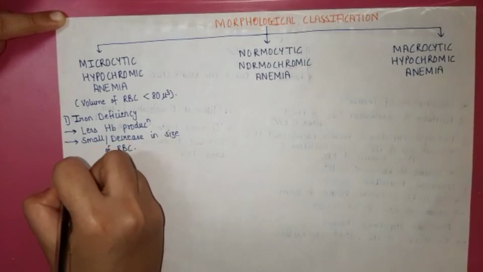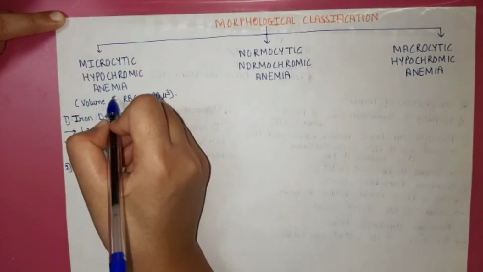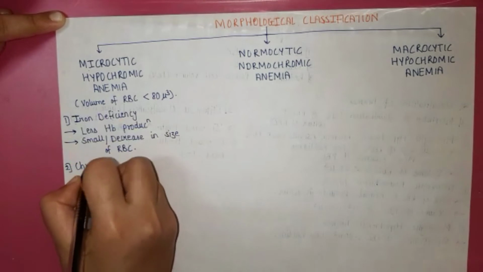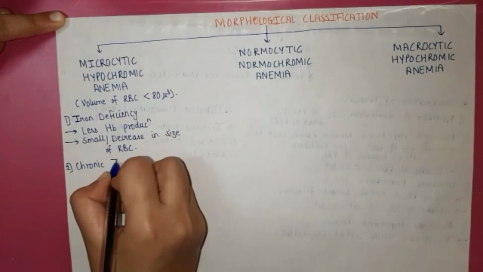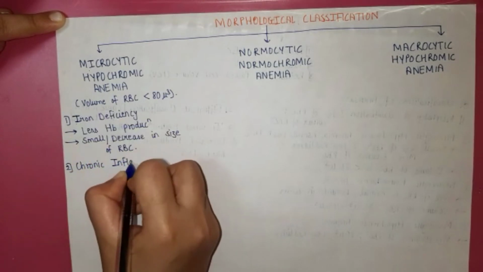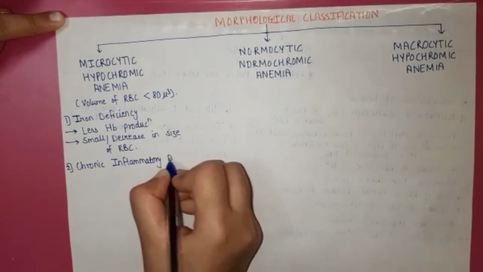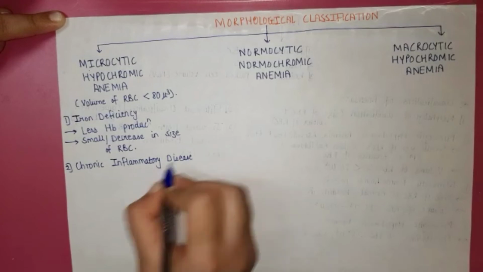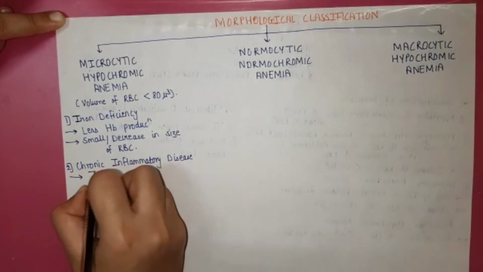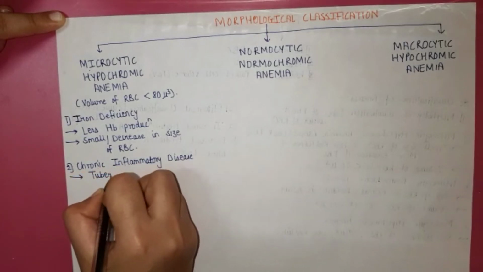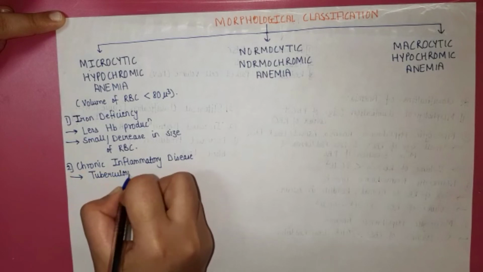Then the second cause of microcytic hypochromic anemia is chronic inflammatory disease. Now chronic inflammatory disease is caused in case of patients with tuberculosis.